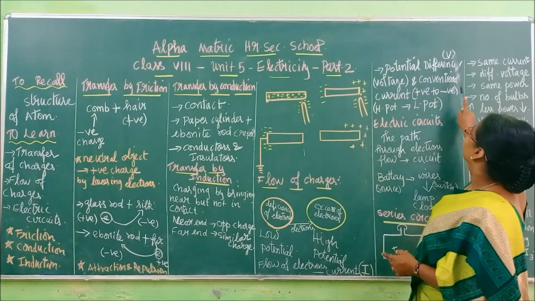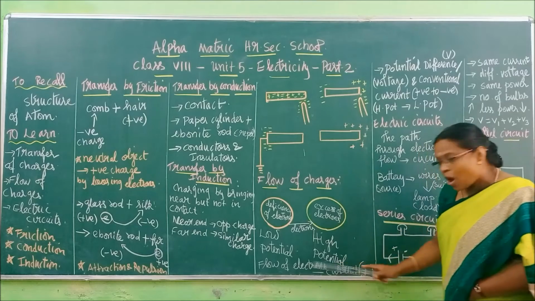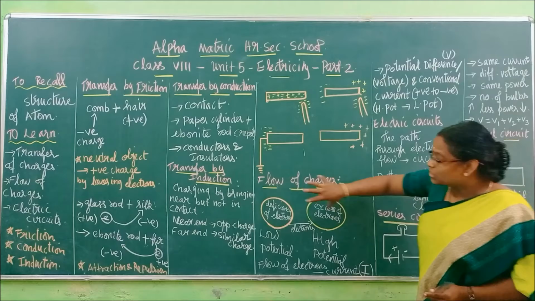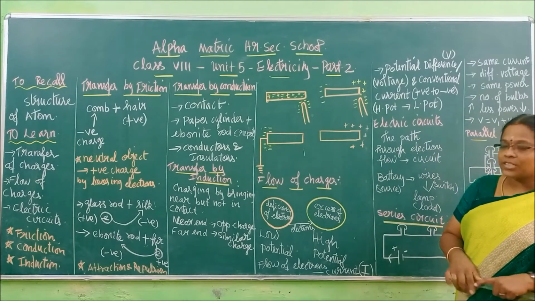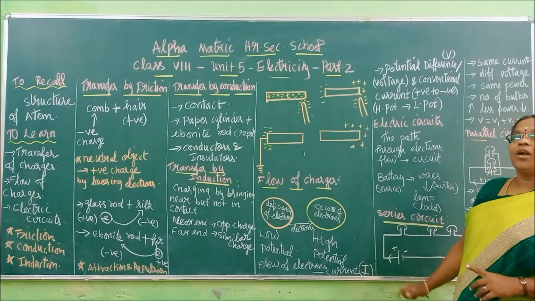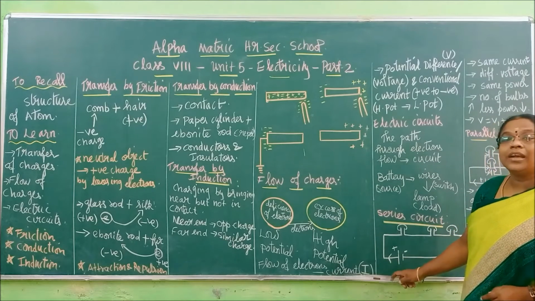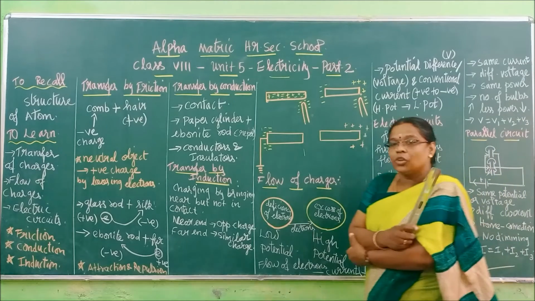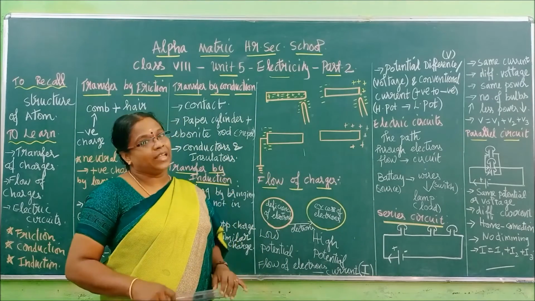Its symbol is capital V. Now when this flow of electrons from one body to another happens because of a potential difference, it is called electric current. Its symbol is capital I. Remember, current symbol is I, voltage symbol is V.